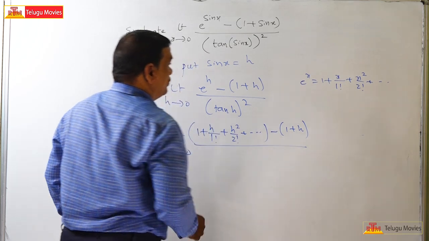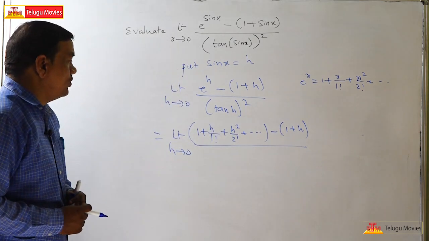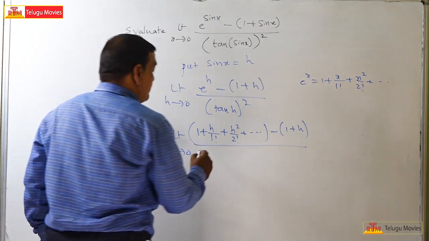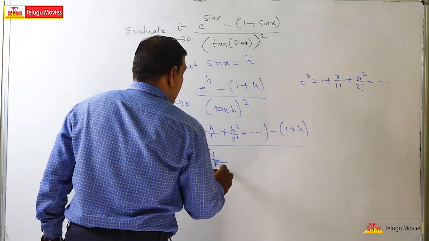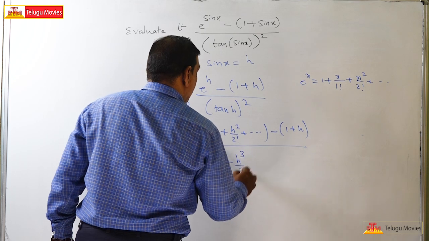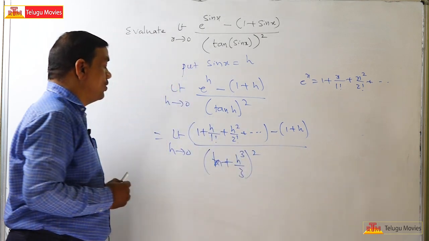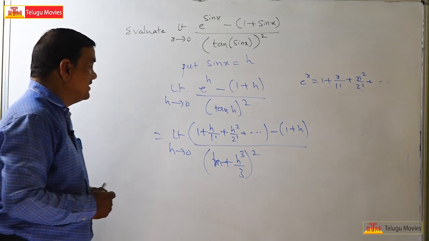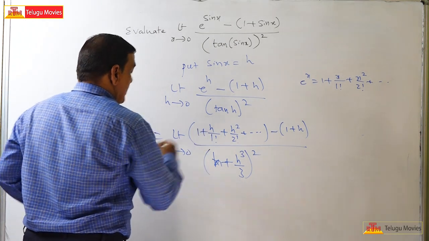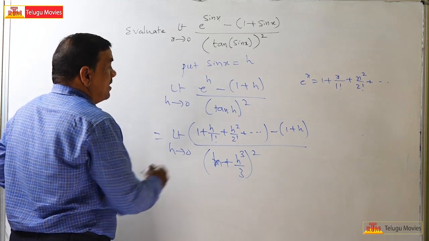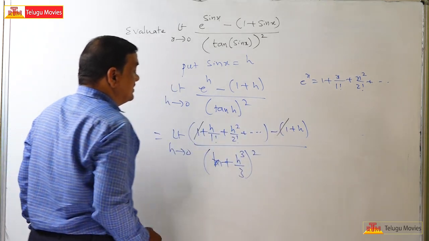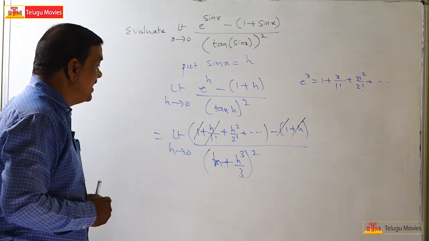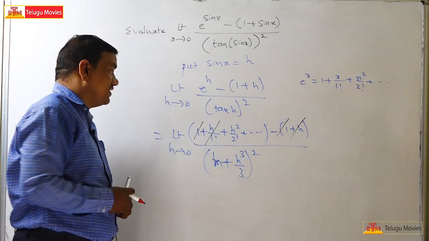Here the tan h expansion is h plus h cube by 3, whole square. Can we cancel anything? If you observe here, plus 1 minus 1 cancel, plus h minus h we can cancel. So h square by 2 factorial and so on remains.